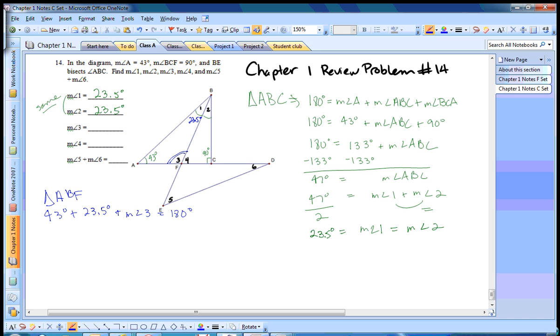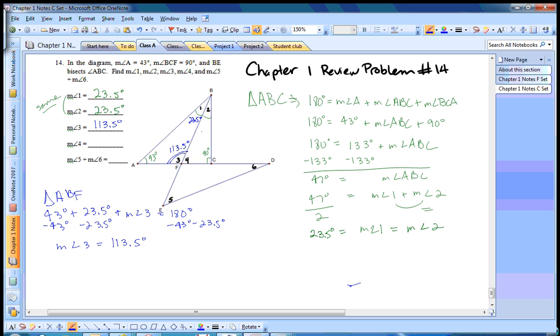So when I subtract 43 and 23.5 degrees away from 180, I'll be left with the measure of angle 3, which ends up being 113.5 degrees. I'll add that to my list. So now we know angle 3 is 113.5 degrees.